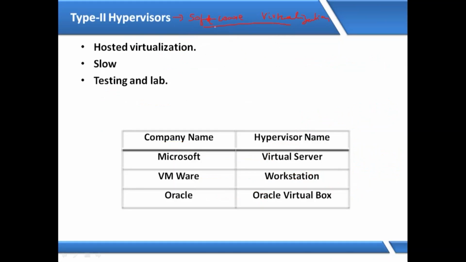Hardware virtualization is called bare metal, but this is called hosted virtualization because this is done on the operating system. Why is it called hosted? Because this virtualization is implemented or done with the help of the operating system. Because this is installed on the operating system.